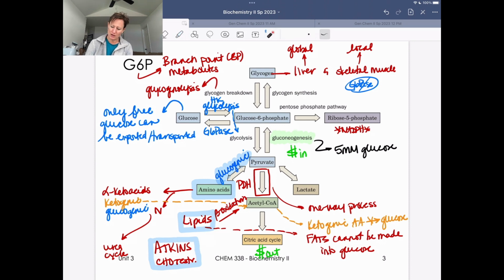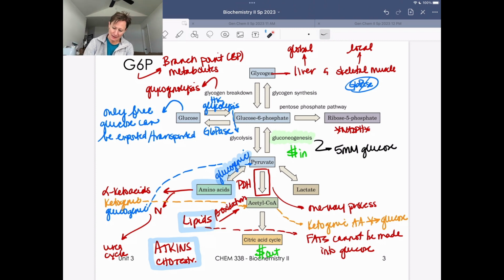Specifically, it's going to require glucogenic amino acids because those glucogenic amino acids are going to be made into pyruvate. Should have kind of highlighted this arrow here. Glucogenic amino acids can be made into pyruvate. And once we've done that, then we can have gluconeogenesis synthesize the glucose that we need to maintain that 5 millimolar kind of blood sugar level.